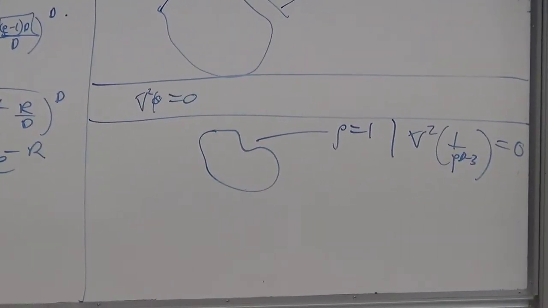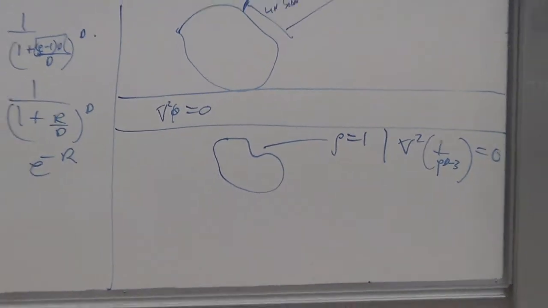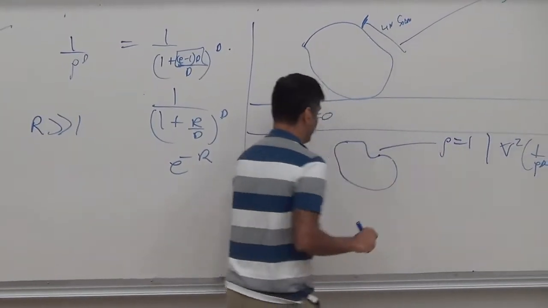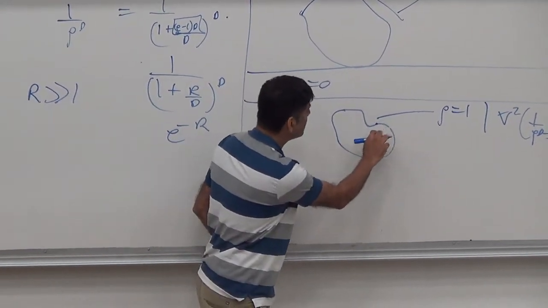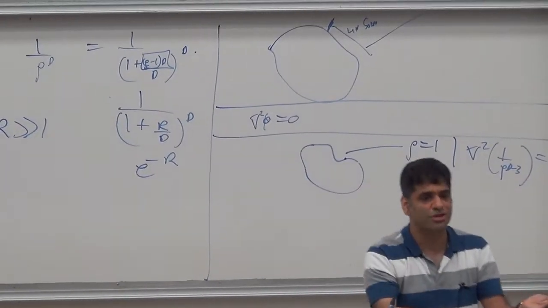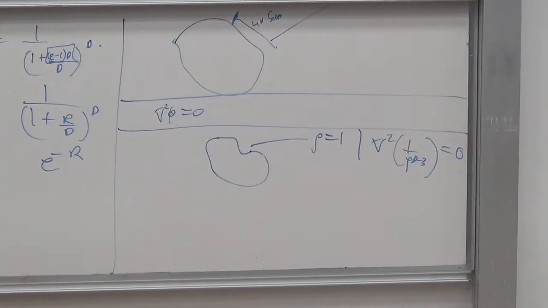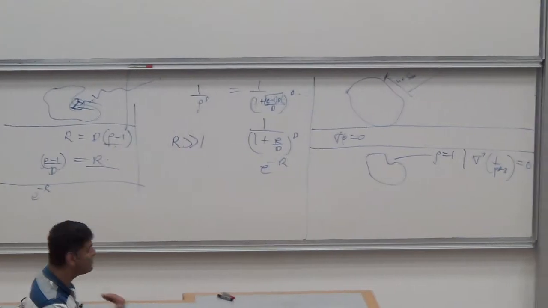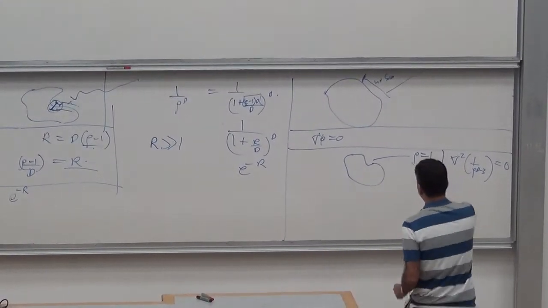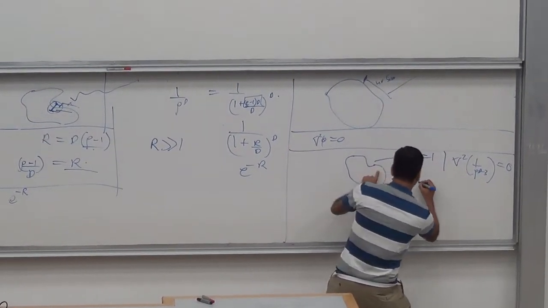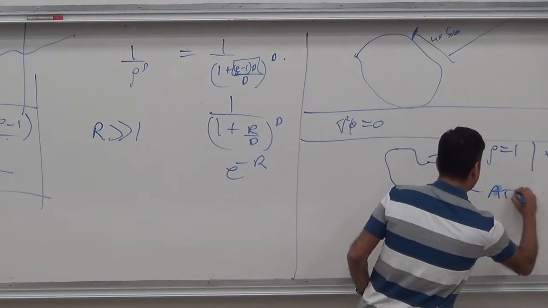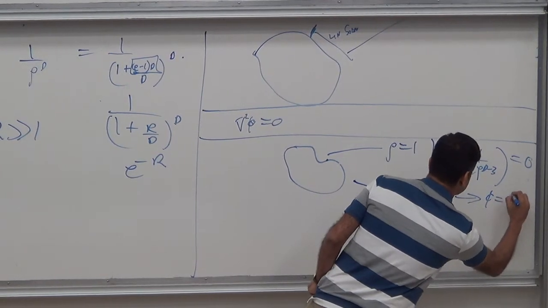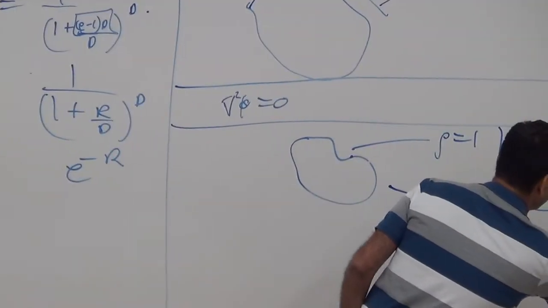So, what I'm going to try to do is the following. I am going to construct the most general solution of del squared phi is equal to 0 that on this membrane at rho is equal to 1 becomes phi is equal to phi naught of surface, of membrane.